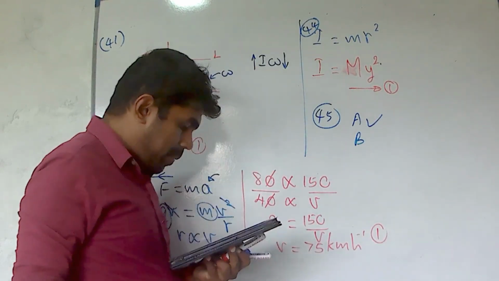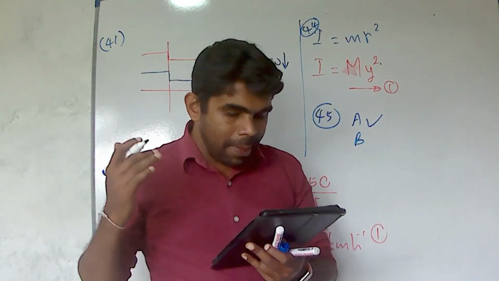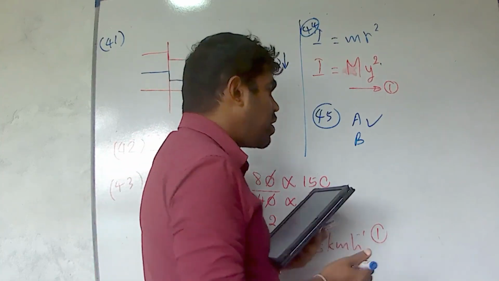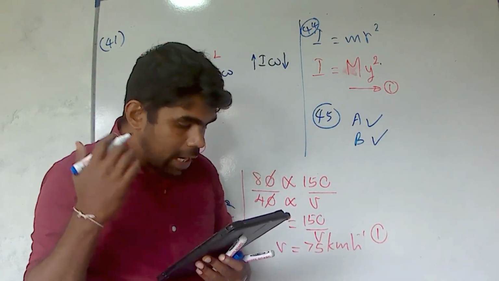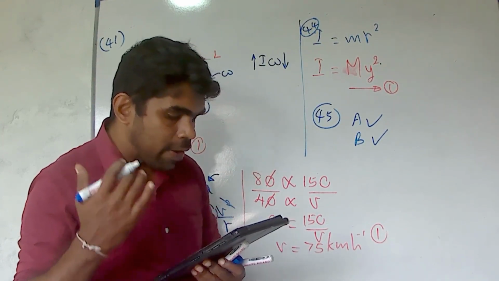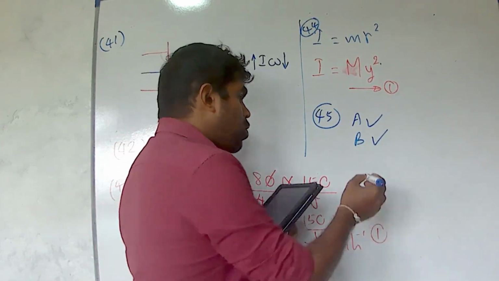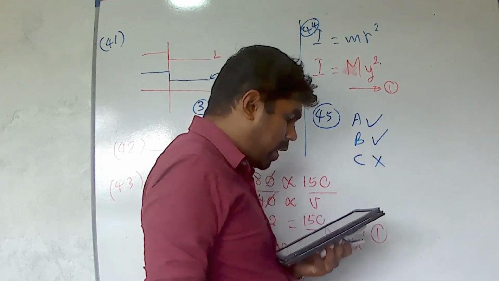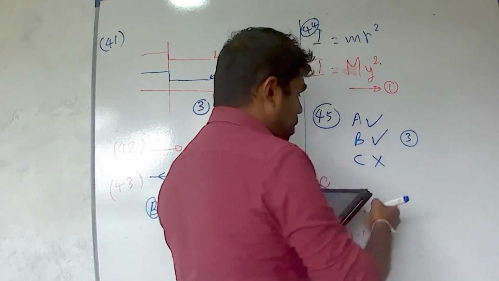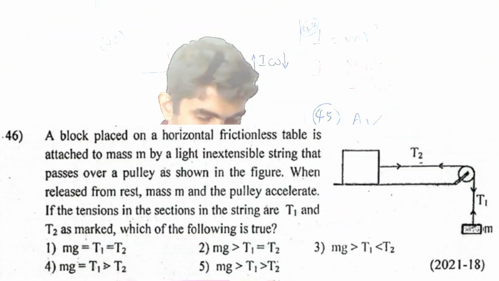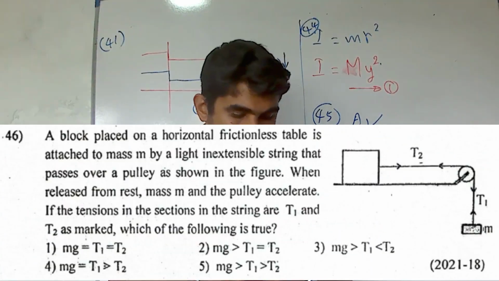Then statement B, it depends on mass distribution of the body. Yes, it is depending on mass distribution. It is also correct. Then part C, it depends on angular velocity of the body. No, it is not depending on angular velocity of the body. Then only A and B are true. Then answer is 3 for question number 45.